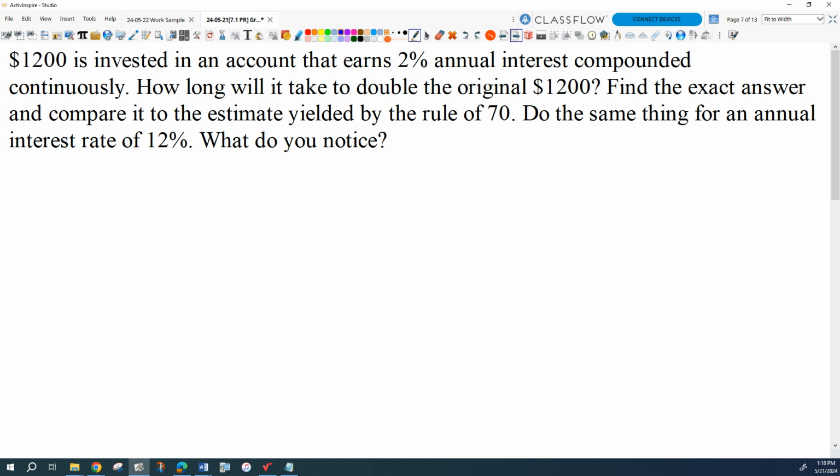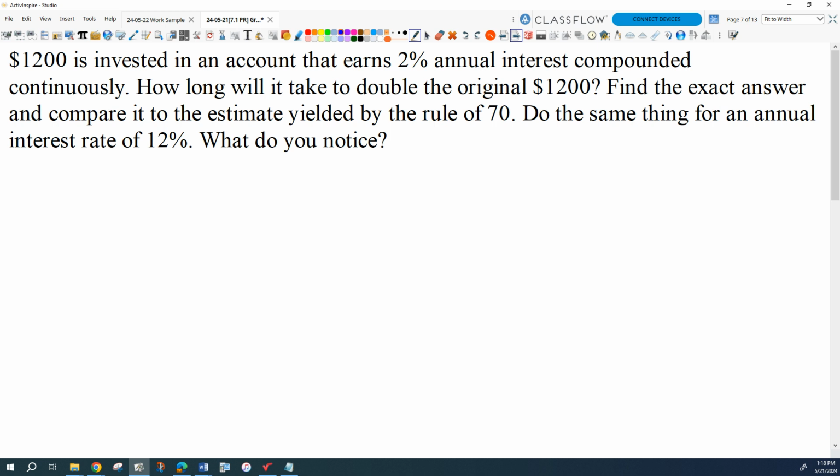So how long will it take to double the original $1,200? We could estimate with the rule of 70. So by the rule of 70, what does that tell us? If it's a 2% rate, how long would it take to double your money? How many years? 35. 70 divided by the growth rate tells you the doubling time.